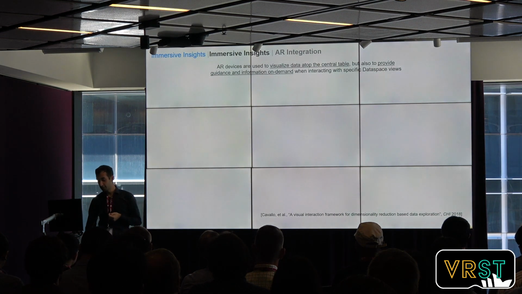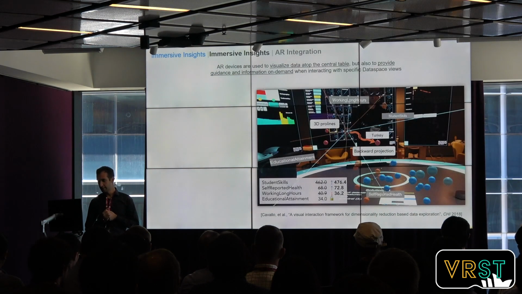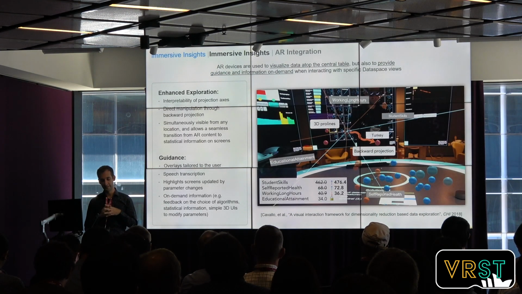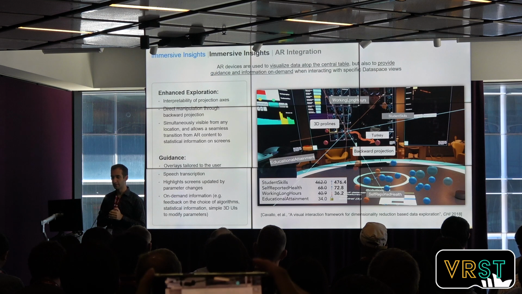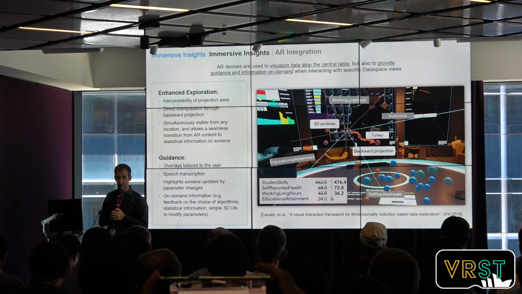Let's go quickly to the AR integration. As I said, we use AR to visualize scatter plots of dimensionally reduced data at the center of the room. As I mentioned earlier, a 3D scatter plot by itself doesn't do anything, and we wanted to enhance this concept, and we added what we call projection axis.